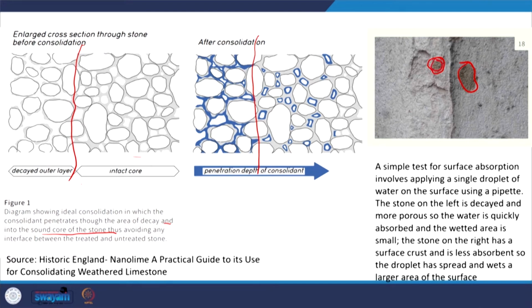Whereas on the right it has a surface crust and is less absorbent, so the droplet has spread and wets a larger area of the surface. These are the different types of tests one can consider in evaluating what kind of stone it is, what its properties are, and what its present status is.